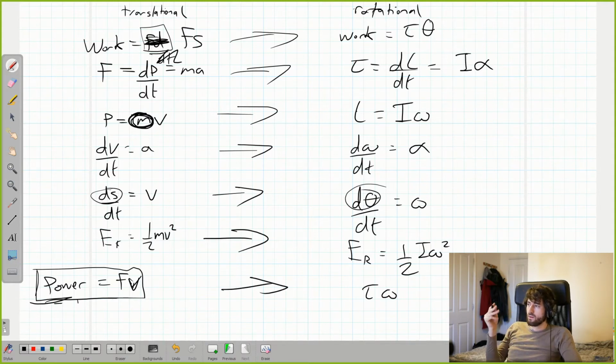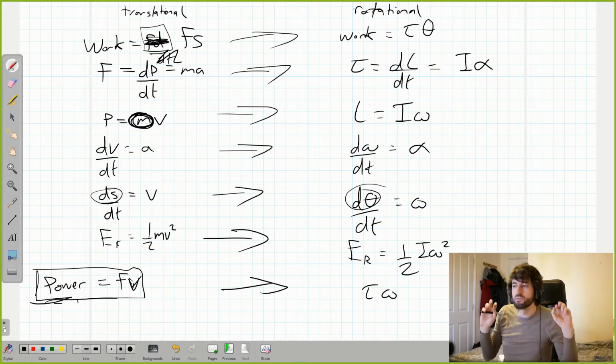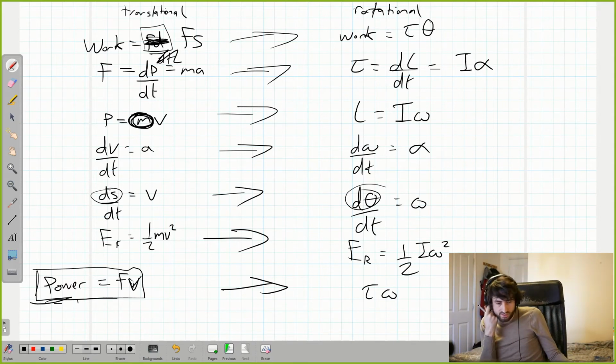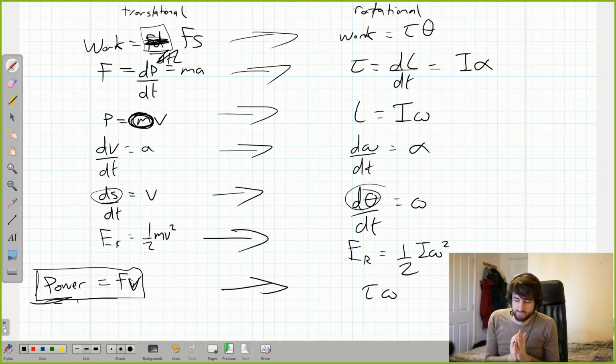But what is I? It's called the moment of inertia. Now you know that mass is something's ability to resist acceleration. If something has a lot of mass, it's hard to push. Well, if something has a lot of inertia, it's hard to turn. If something has low inertia, it's going to be easy to spin, really spinnable.